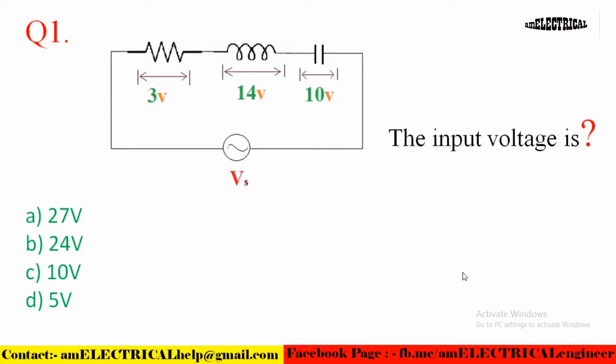The voltage across the various elements are marked as shown in the figure given below. The input voltage is option A 27 volt, option B 24 volt, option C 10 volt and option D 5 volt.